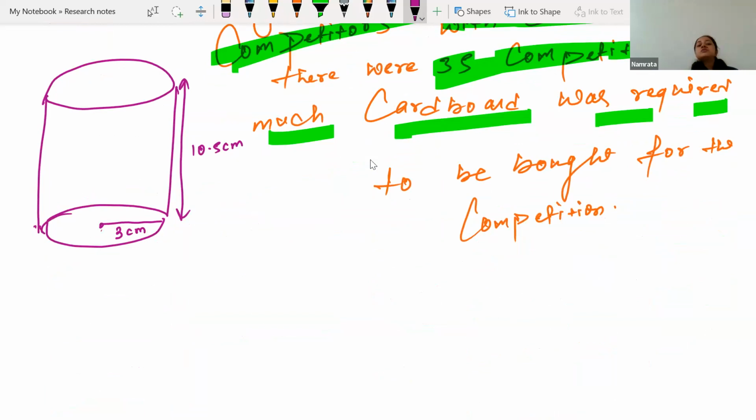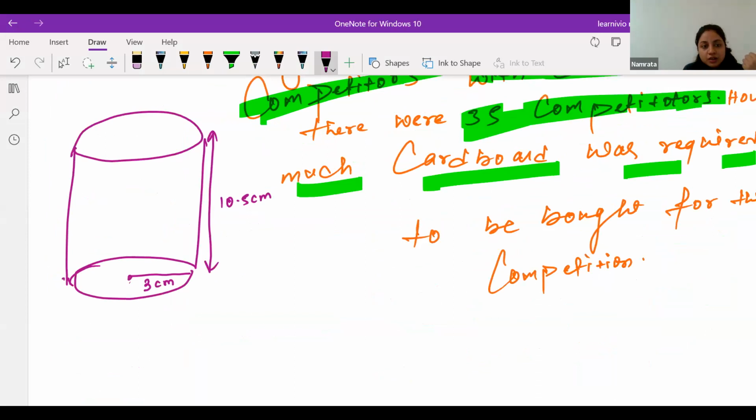But which surface area will we be finding here? The curved surface area, the total surface area, which surface area? Anyone from here? Please let me know which surface area you are going to find. If you have to find the surface area of this one pen holder, are you going to find the curved surface area, or the total surface area?